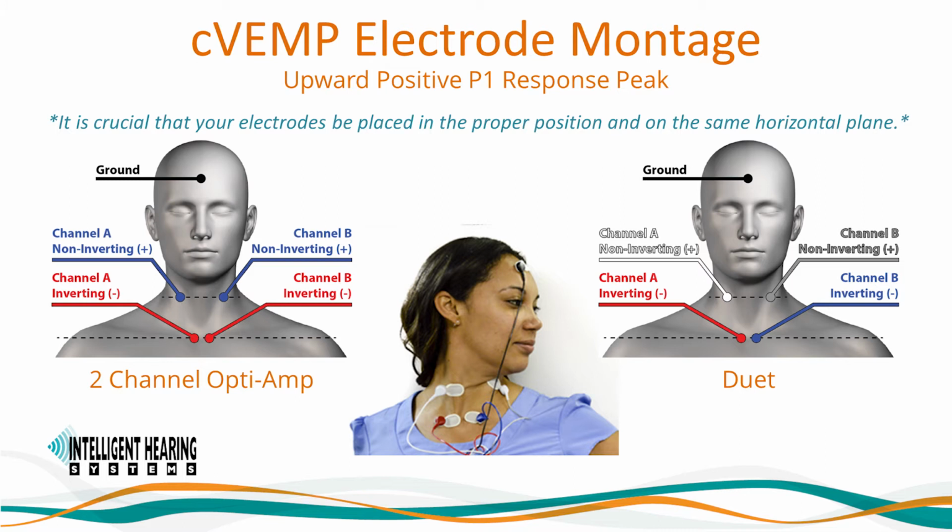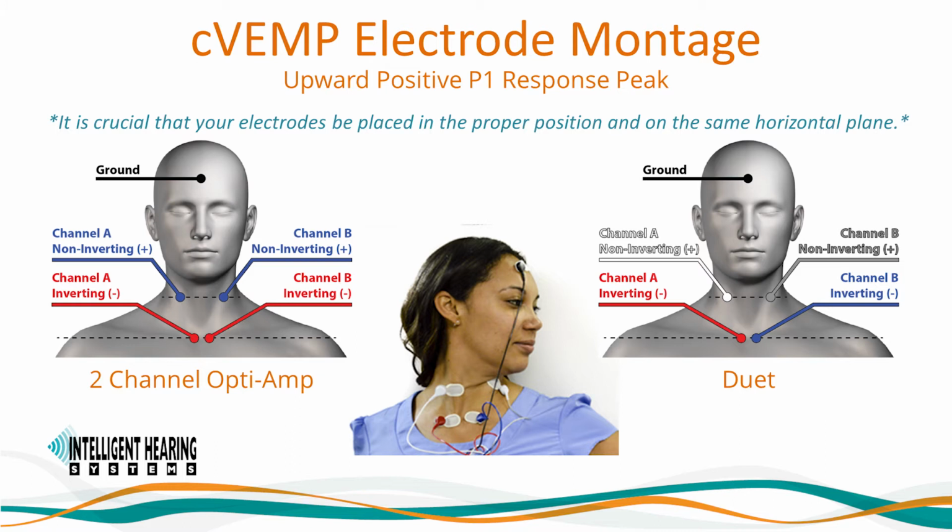It is crucial that your electrodes be placed in the proper position towards the inside of the SCM muscle and on the same horizontal plane for both SCM muscles, in order to ensure that you're not creating a difference in amplitudes artificially across sides.